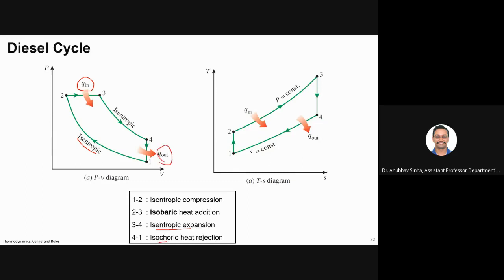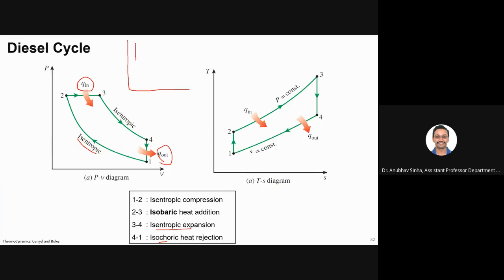If you compare a diesel and Otto cycle, let me draw it. The Otto cycle is like this. You have constant volume heat addition.